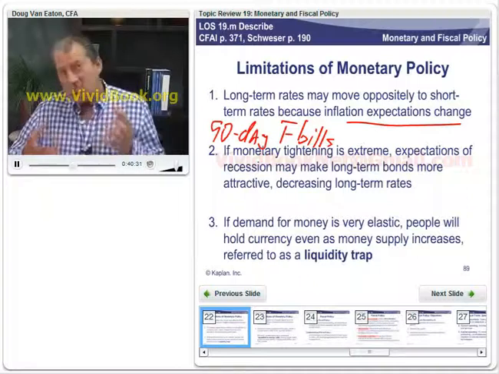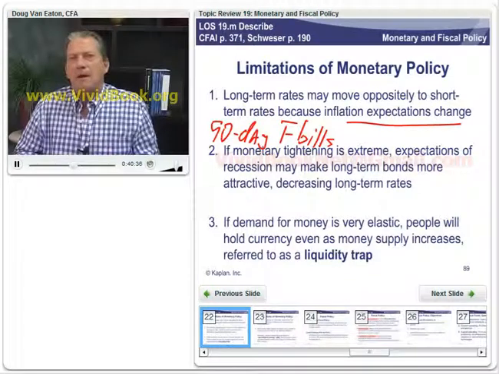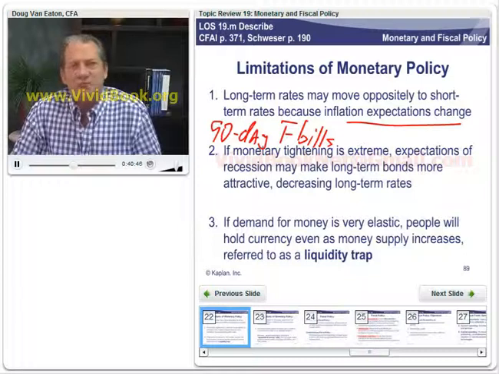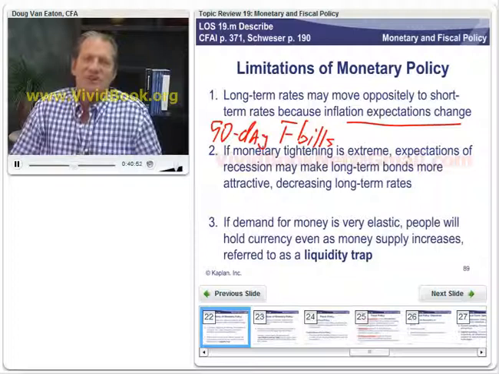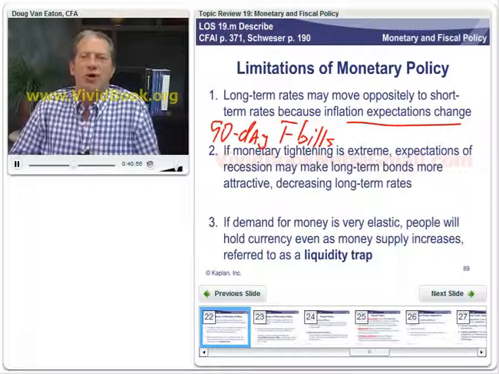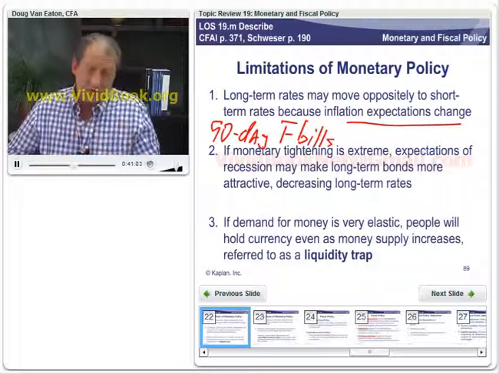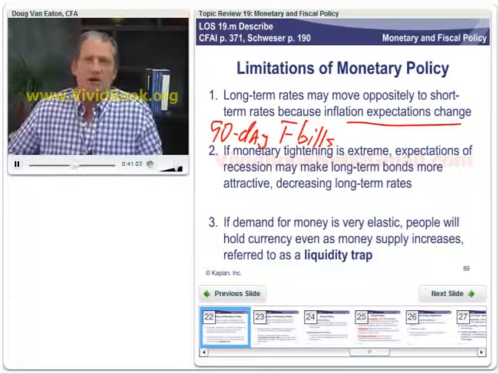So that equilibrium mechanism that we talked about that got us from a too low rate back up, or from a too high rate back down, well, this is getting interrupted now because we expand the money supply, and instead of buying interest-bearing securities with this and driving their prices up and yields down, they just hold on to it. That's the liquidity trap, and what it means is expansion of the money supply becomes a less and less effective tool for managing that policy rate.